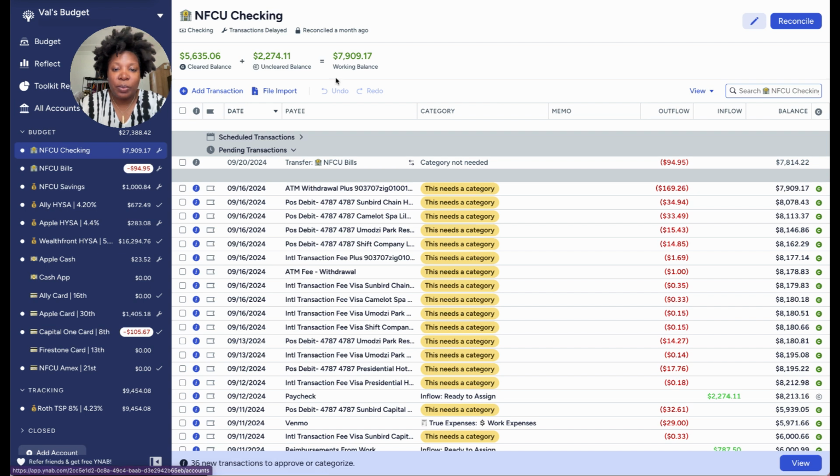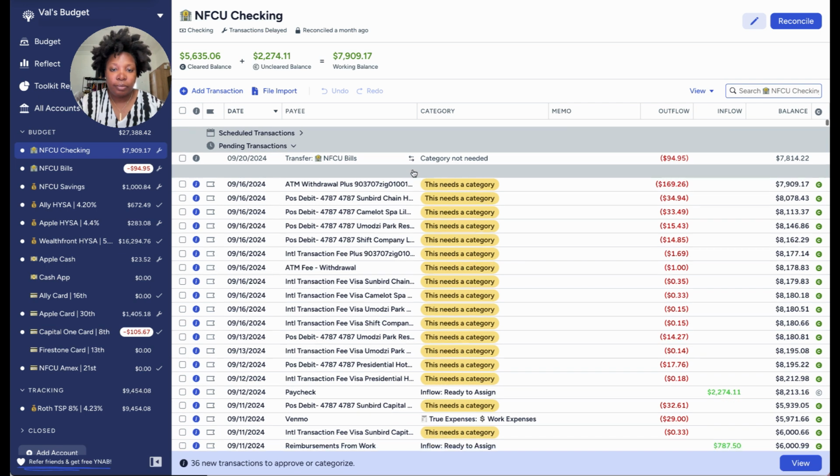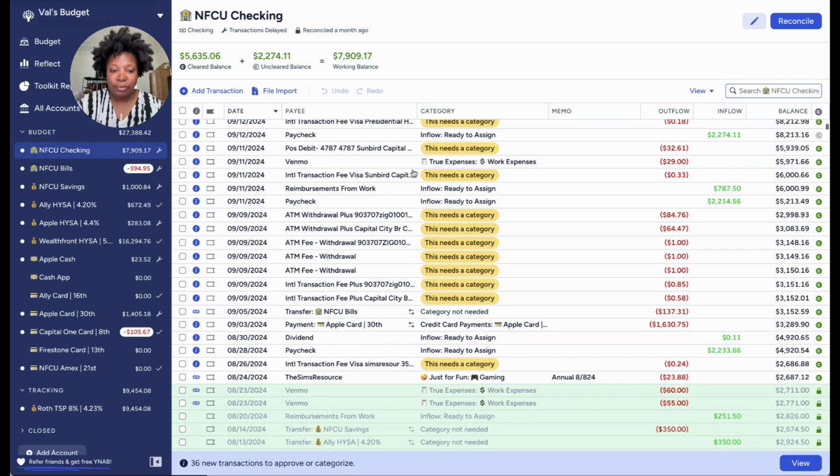So let's go ahead and open that up, and let me get logged in. So we have a lot here. Excuse me. So right now, off the bat, my checking account has an available balance of $5,227.